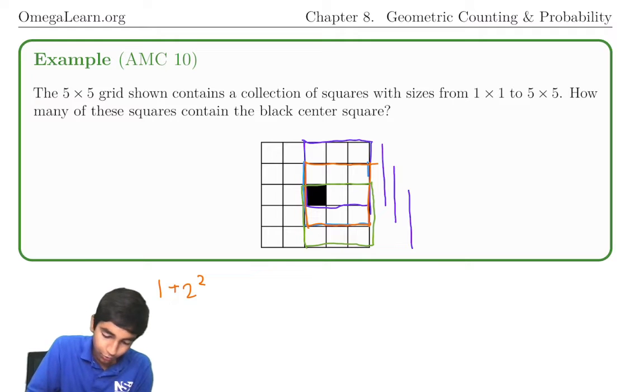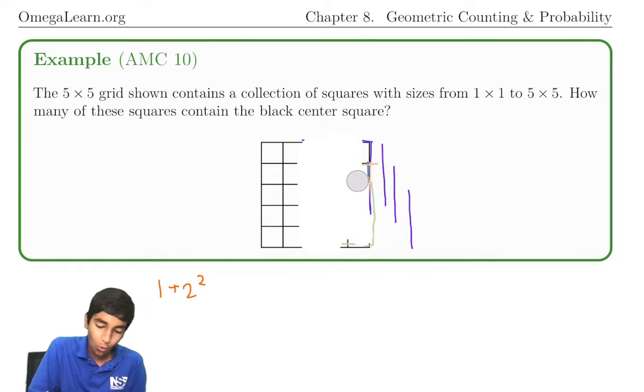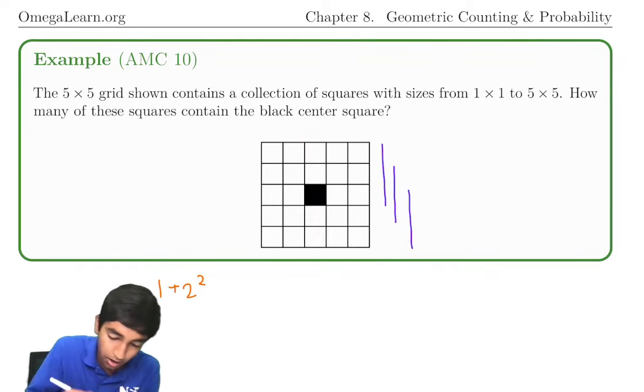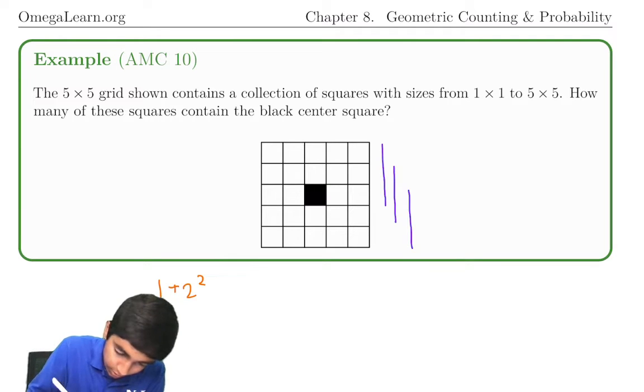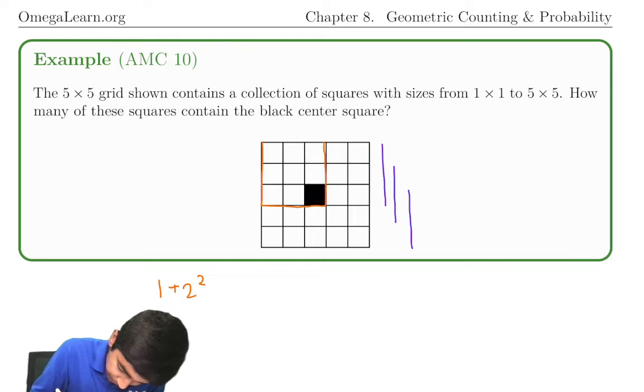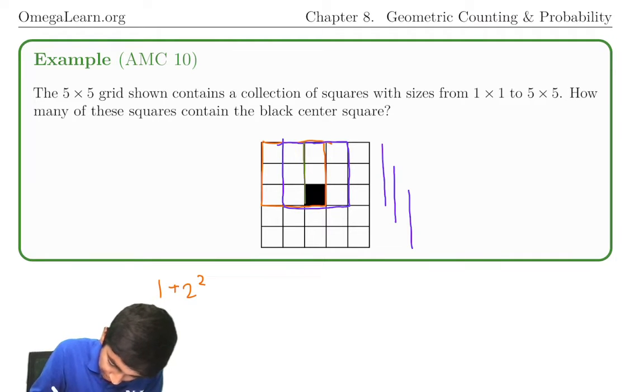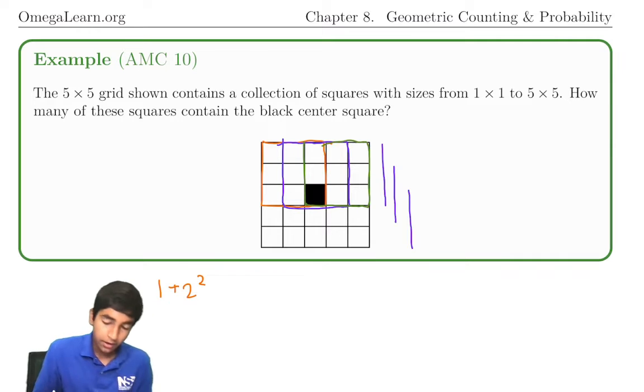What about the x coordinates, or the horizontal unit squares it spans upon? Just this one over here, this one over here, and over here on the right side. Got 3 choices.